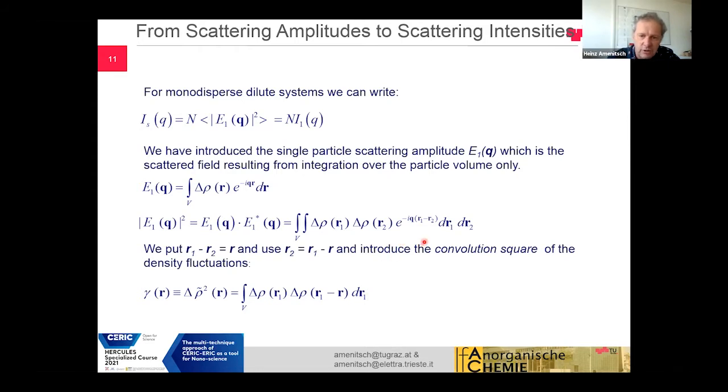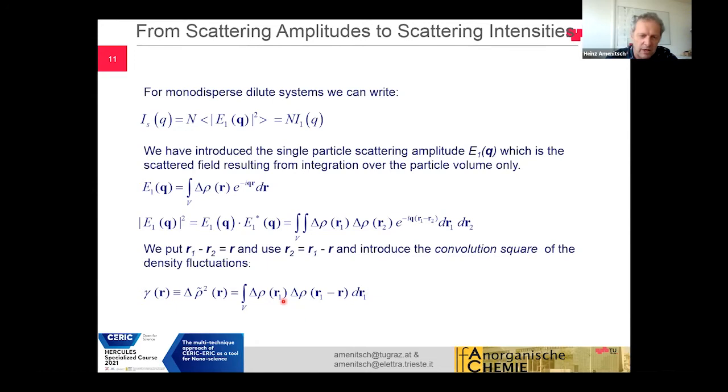And if you do it right, you can split this double integral, this double Fourier transformation, into a term where you have something like a Fourier transformation, and another term which is called the convolution square of the density fluctuations. So this is now something important.